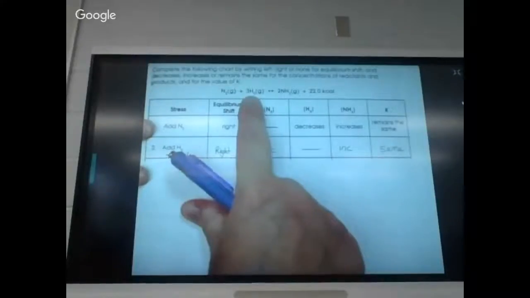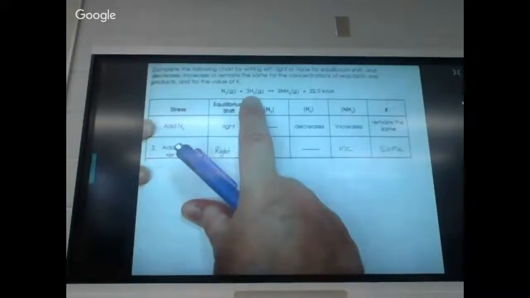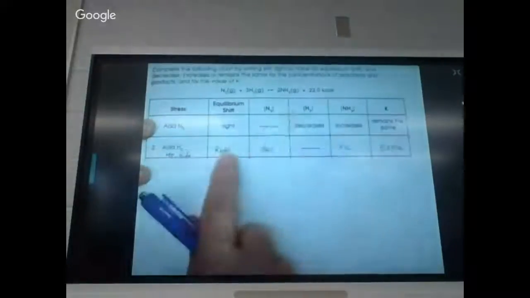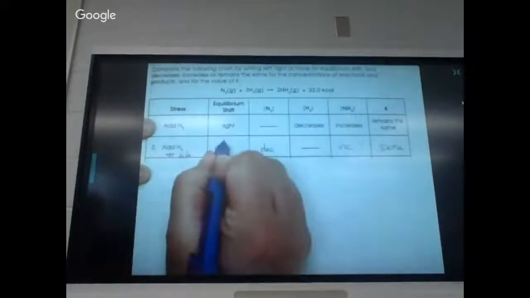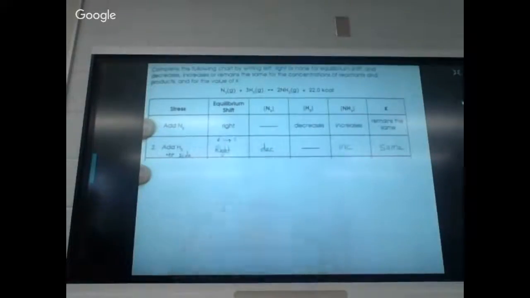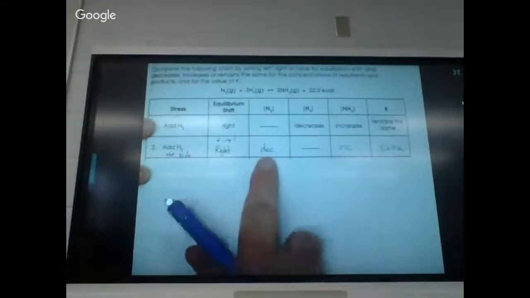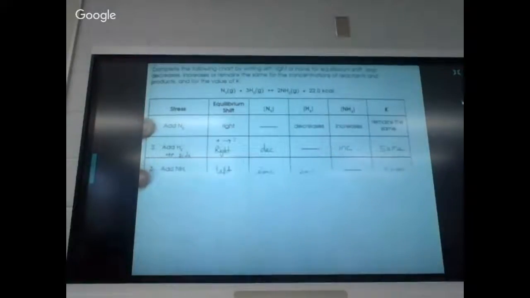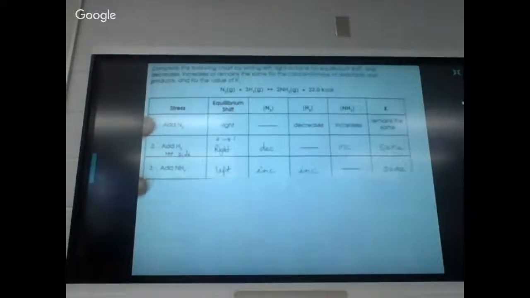H2 is here. It's a reactant. So the opposite side of the reactants is the products. So that's why it shifts to the right. So anytime it shifts to the right, this side will increase, this side will decrease. So N2 is going to decrease, and that one's going to increase.